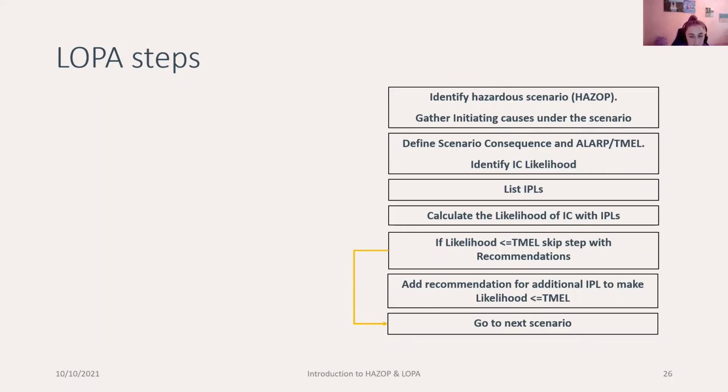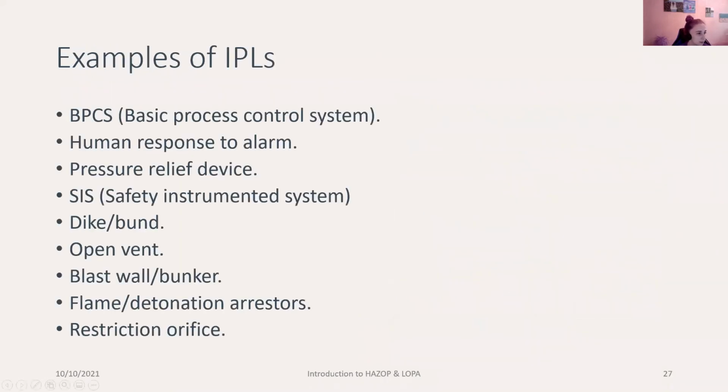If not, then you need to raise a recommendation for additional independent protection layers for that specific initiating cause that draws us back and increases the likelihood of the whole scenario. Do that until the likelihood of the scenario is less than or equal to TMEL. Then you can go to the next scenario. This is LOPA.